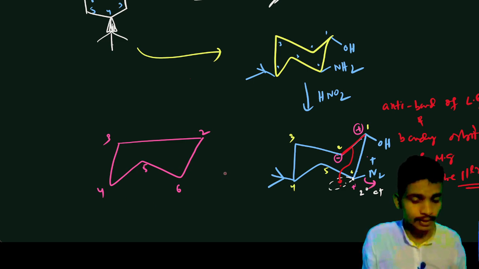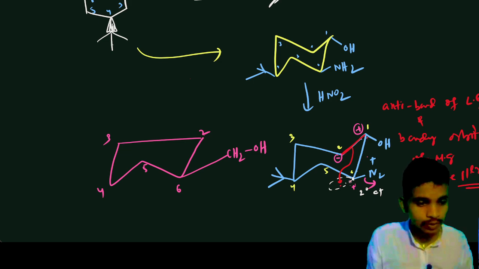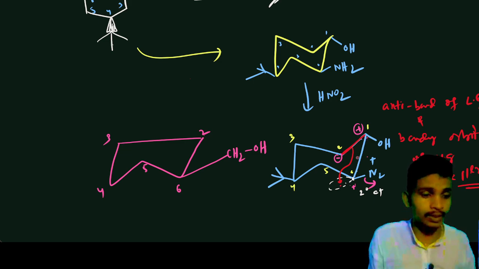So nitrogen gas has left. This is going like that, and the bond between 2 and 1 will break. This is going to be CH2, and here we have OH. Okay, because wherever this is positive, that is going to break, I have already told that a negative and a positive will make bonds, and this is going to break.